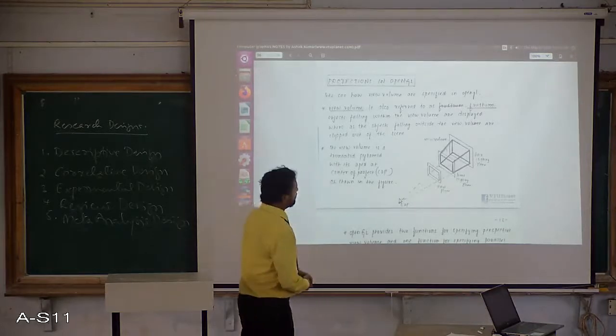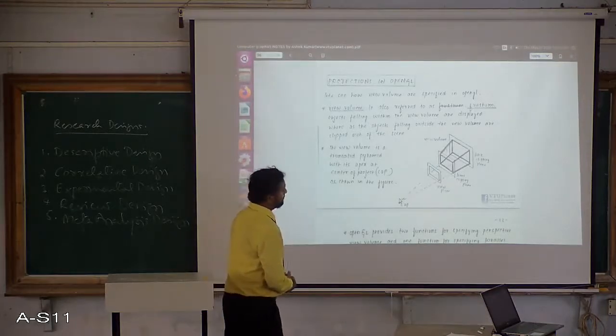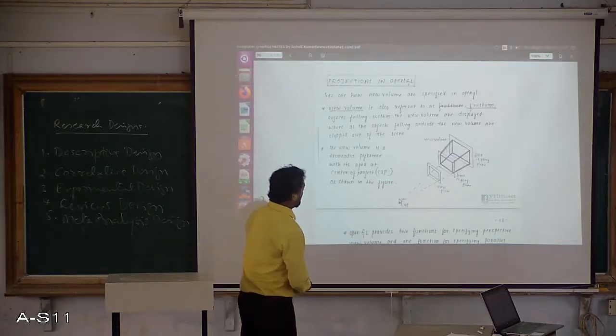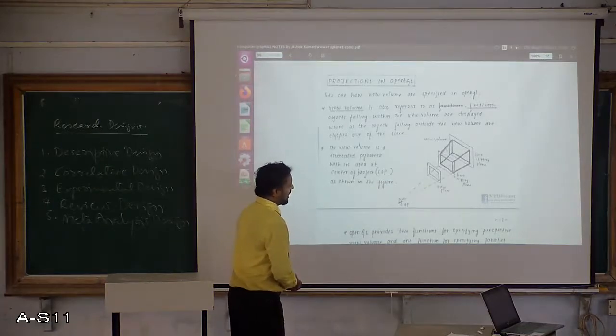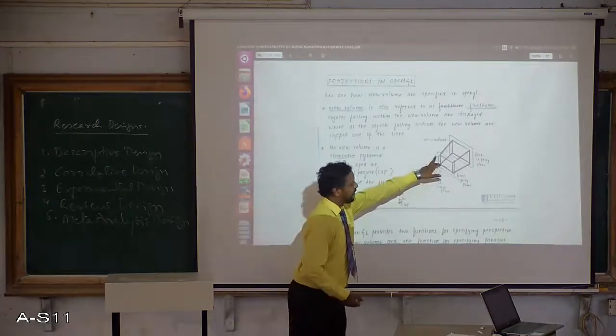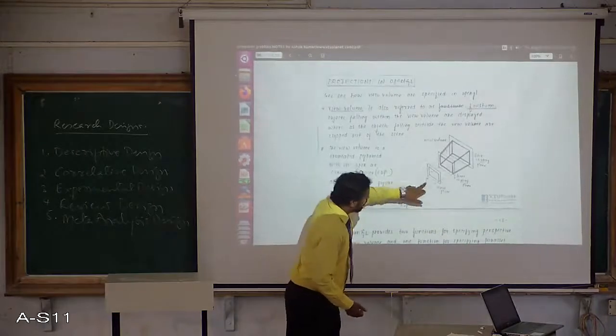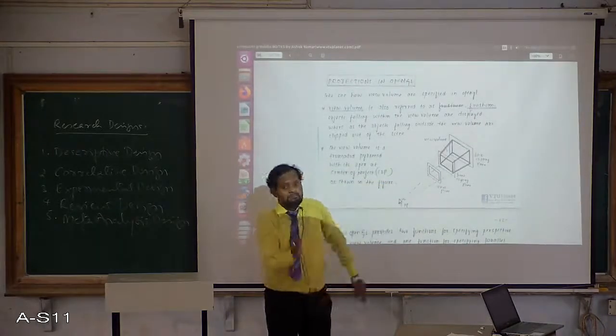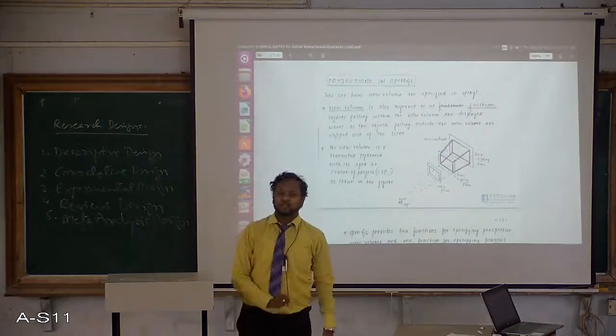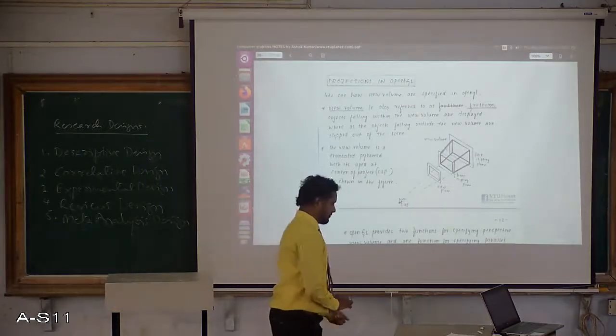The view volume is a truncated pyramid with its apex at the center of projection, as shown in the figure. Ultimately all these projection lines meet at one point called the COP, center of projection.